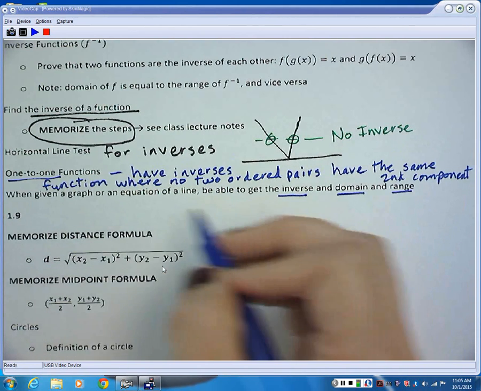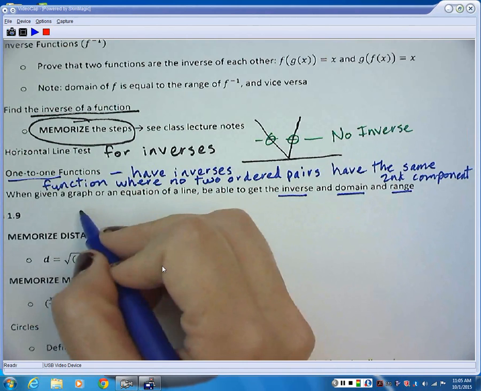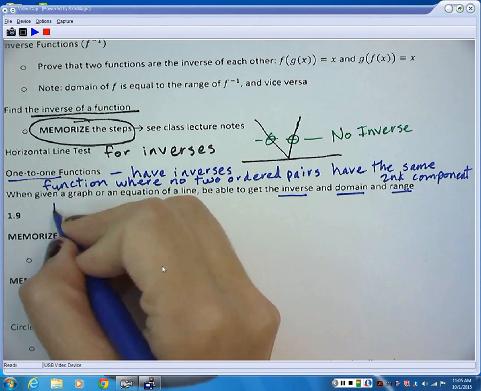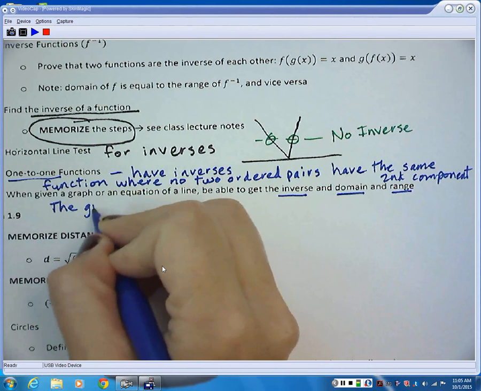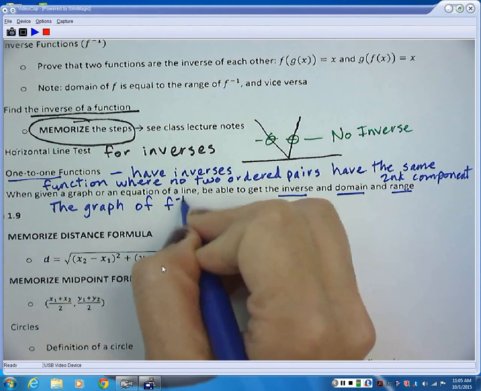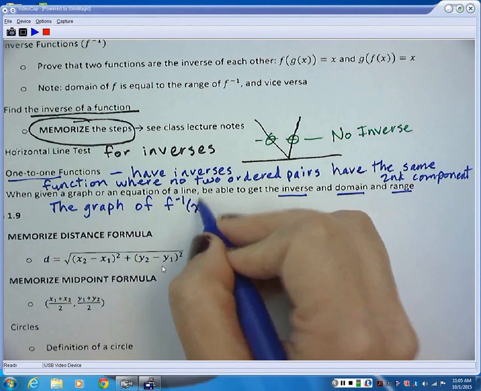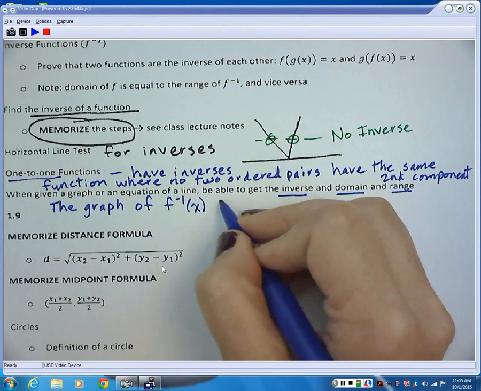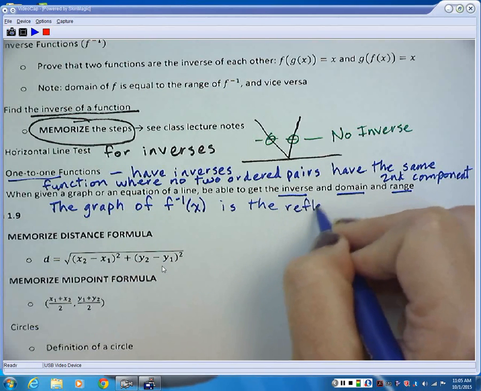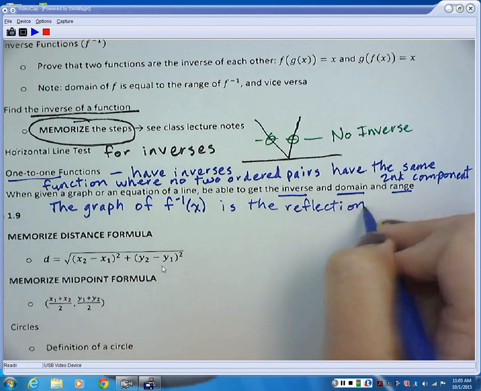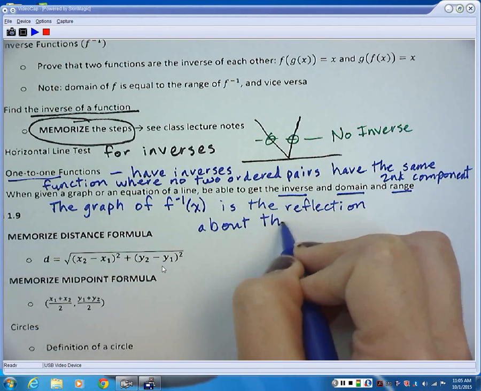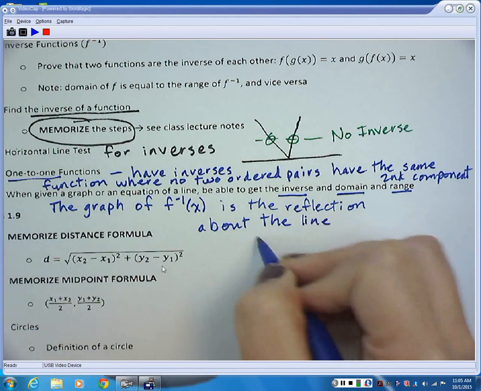So remember that the graph of f inverse is the reflection about the line y equals x.